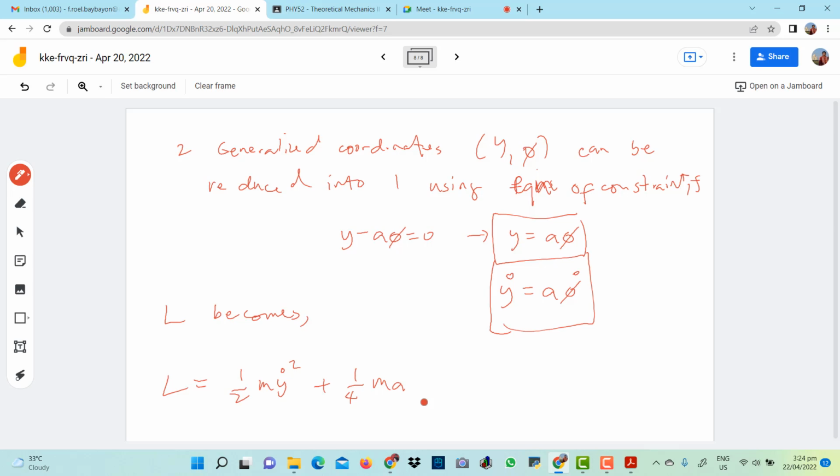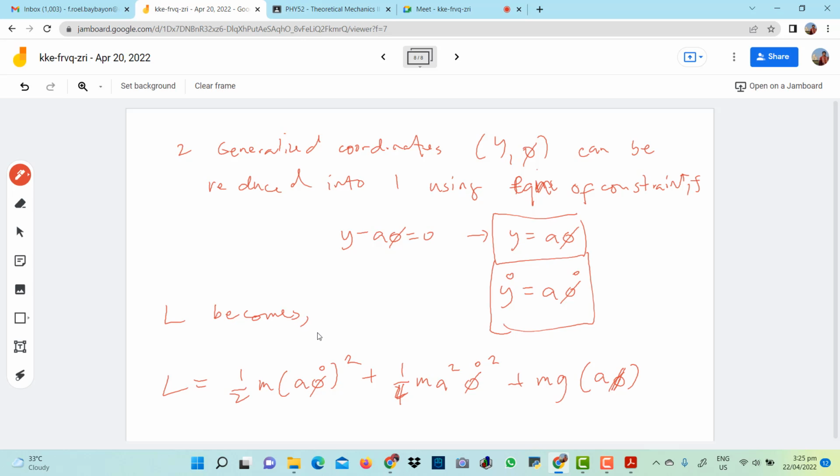Phi, so I substitute for y. Y dot becomes a phi dot, squared, plus 1/4 m a squared phi dot squared plus mg, and my y is a times phi.